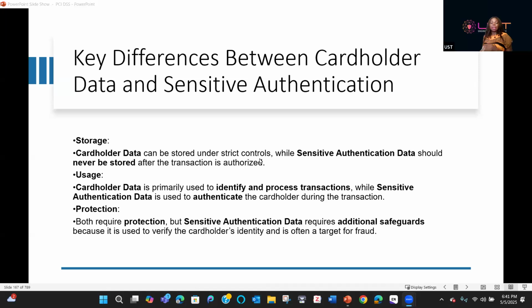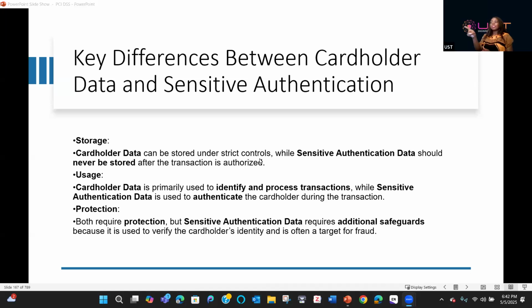That we covered already. And as I said, I would love to hear your viewpoint: why do we think this piece of information cannot be stored? Then we also talk on the storage aspect. Cardholder data is primarily used to identify and process transactions, while sensitive authentication data is used to authenticate a cardholder during the transaction.